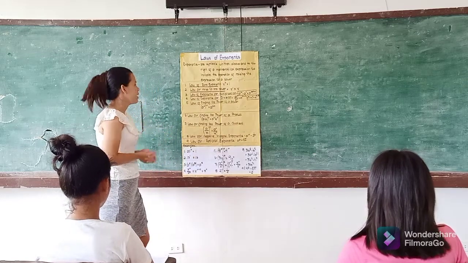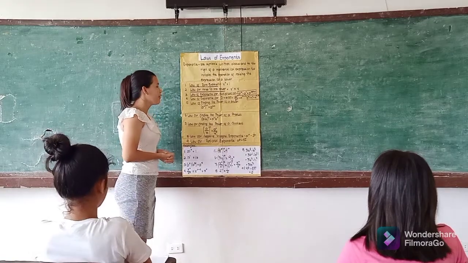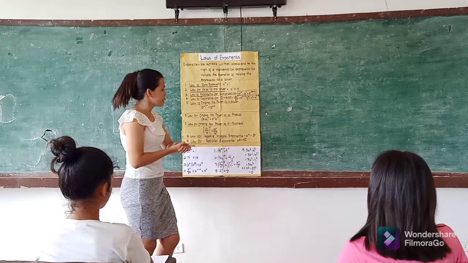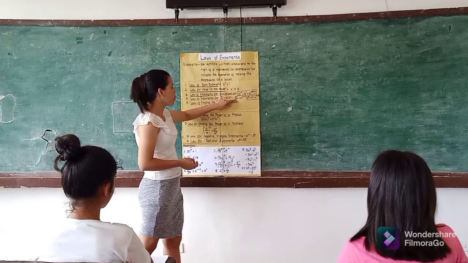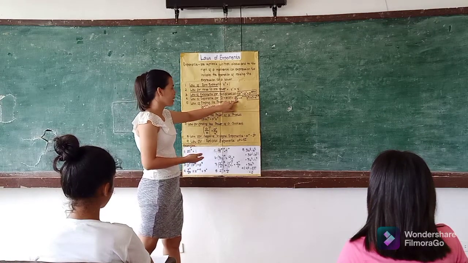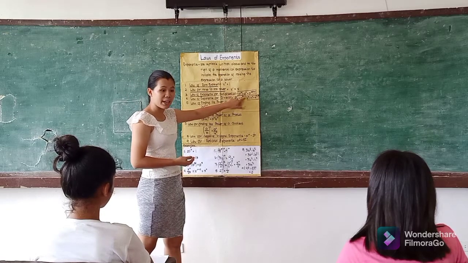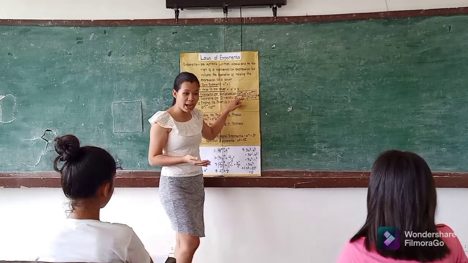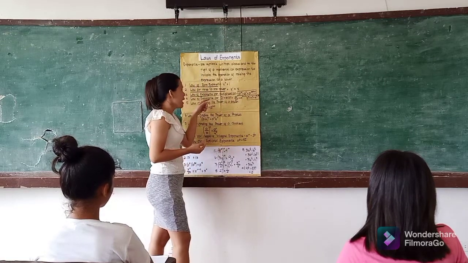Okay, number 4. Law of exponents for division. The law of exponents for division simply means that a raised to m over a raised to n is equal to a raised to m minus n. So you are going to subtract your exponents in the law for division.